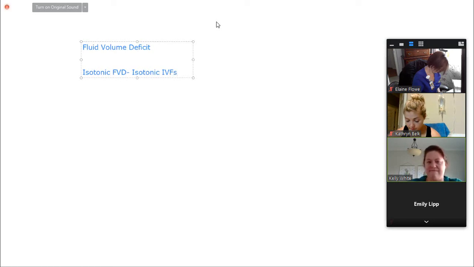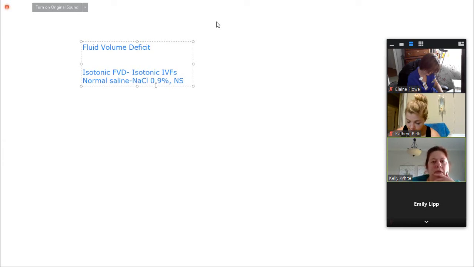Makes sense, right? All right, so we're going to give them things like sodium chloride at 0.9%, okay? Or it can be put down as NS, normal saline. So these are all the same thing right here. This is normal saline. All right. So what this is going to do is we're going to give fluid boluses.